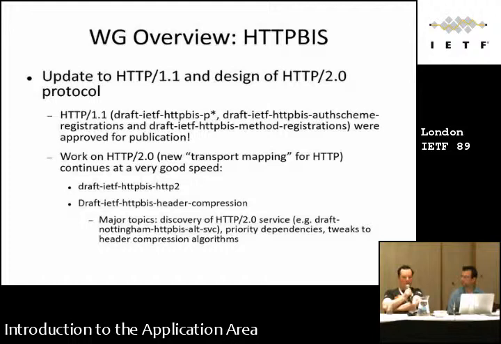Major topics at the moment are discovery of HTTP 2.0 services using DNS. One proposal is to allow a server to publish multiple TCP endpoints and say, this one supports TLS, this one doesn't, and various associated information with this.